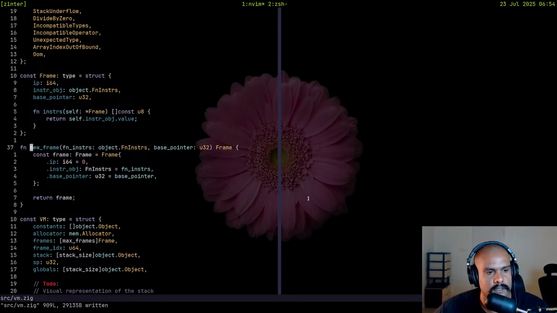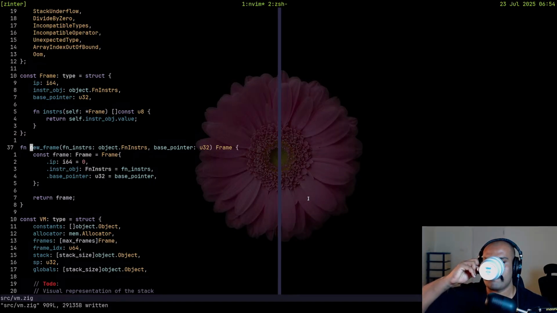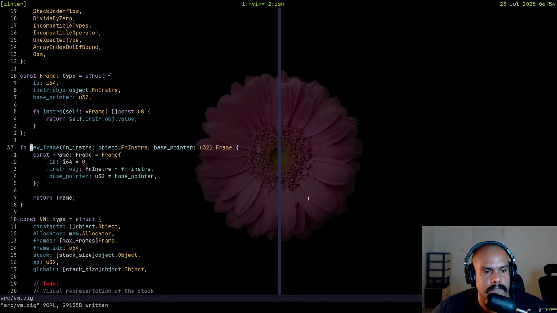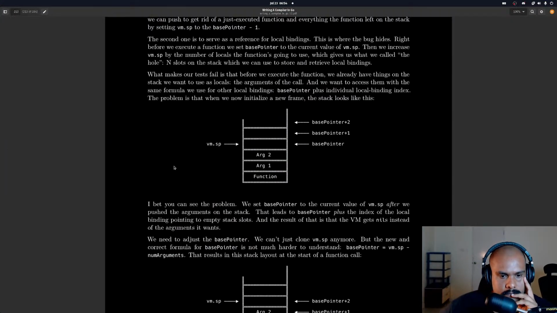Because we only need the base pointer, which is always the stack pointer before arguments were added. We set base pointer to the current value of, aha, okay.